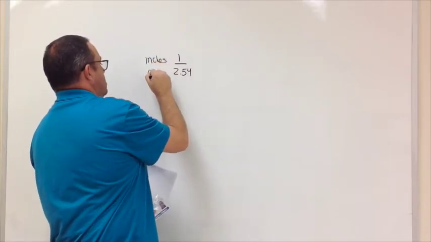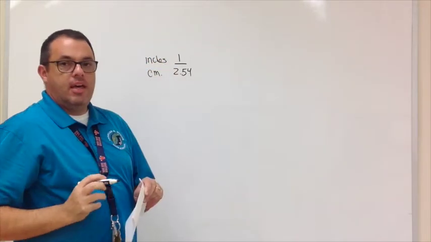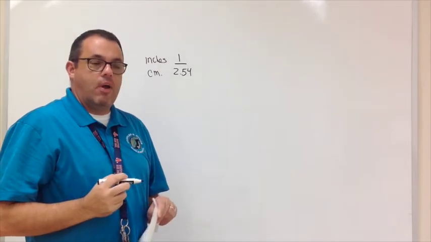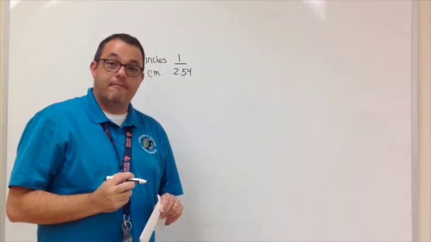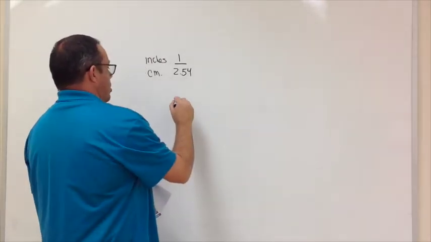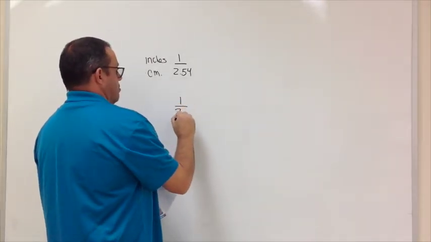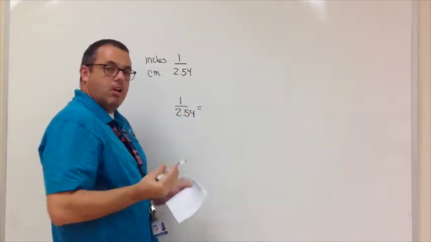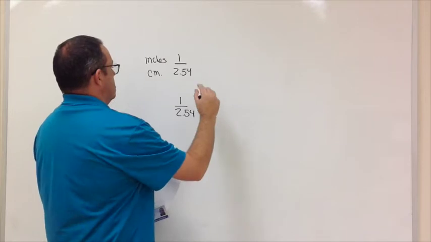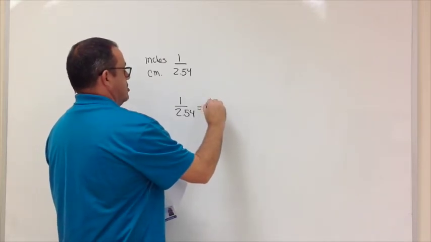Now, let's say I want to find out how many centimeters there are in 5 inches. So I'm going to rewrite my initial ratio. Now, I want to know how many centimeters there are in 5 inches.